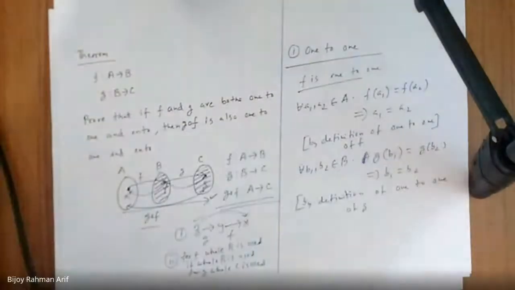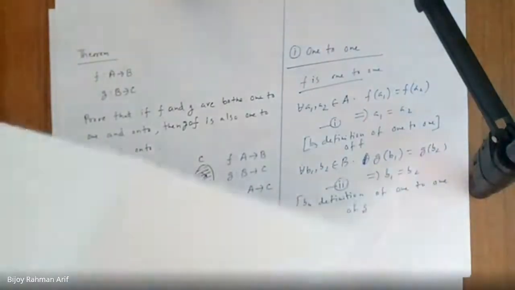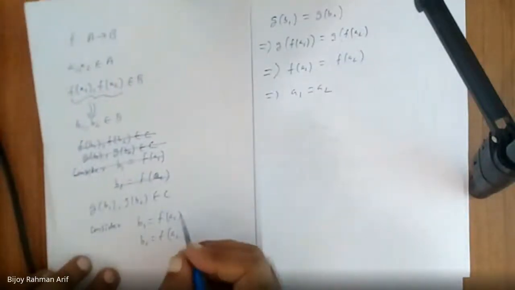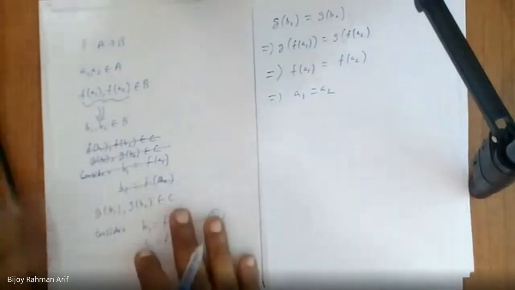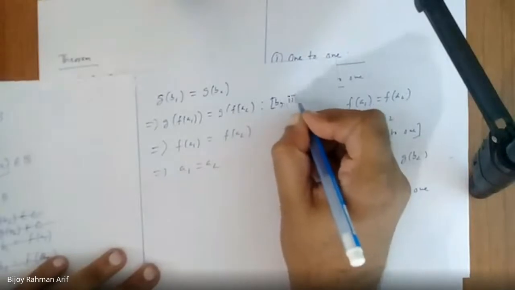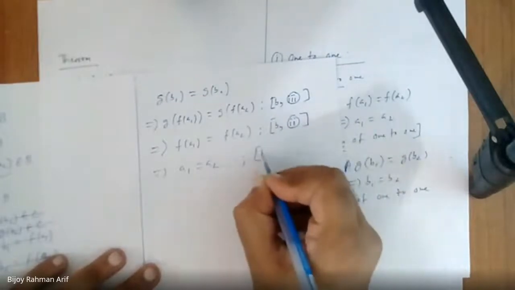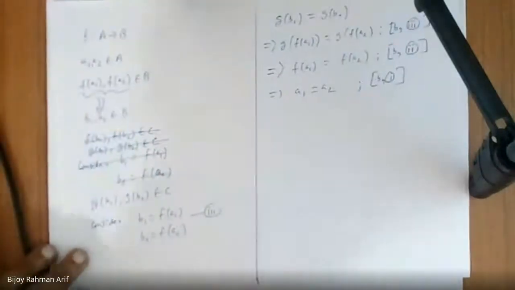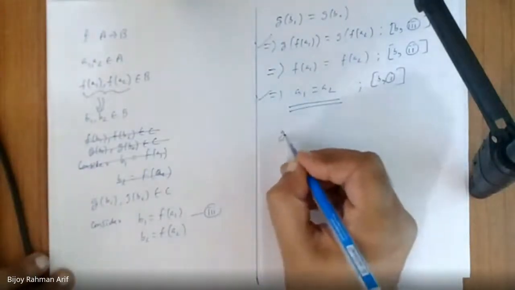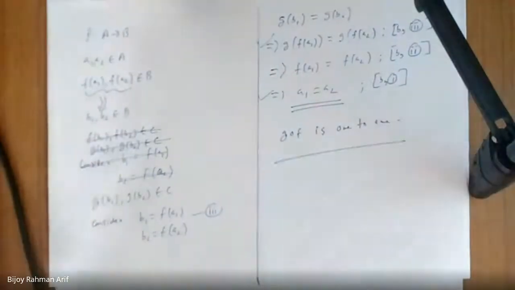Let's give this one number 1, this one number 2, and this one number 3. This is by 3, this is by 2, this is by 1. So we are done with the first part. According to this, G o F is one to one.